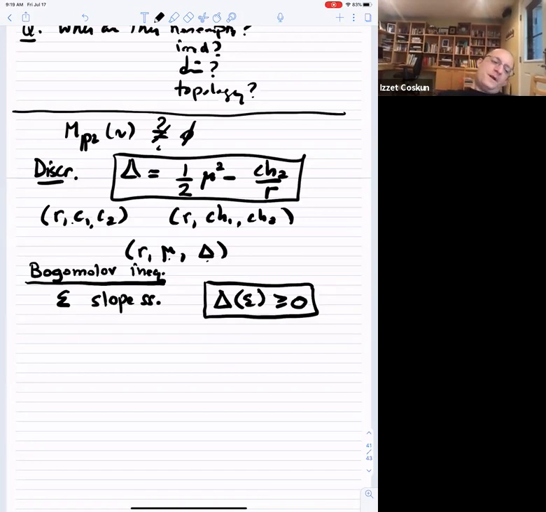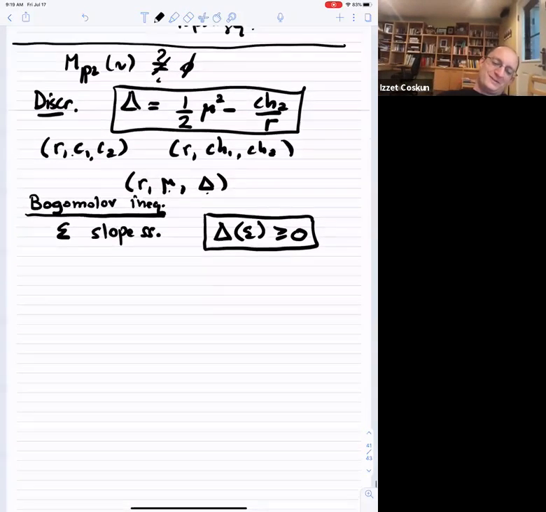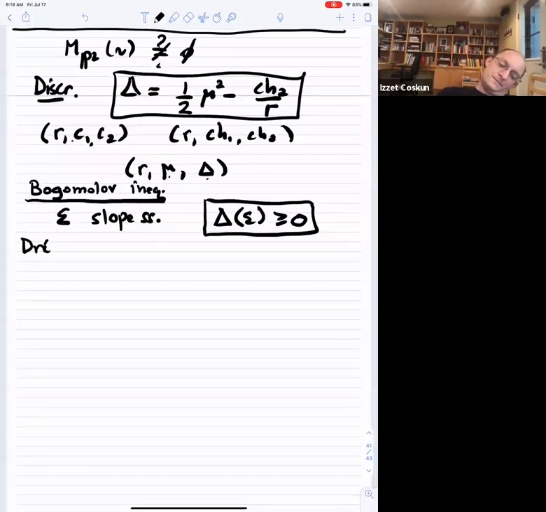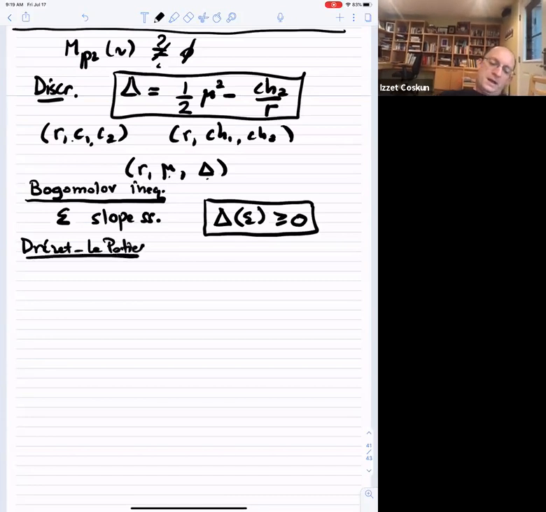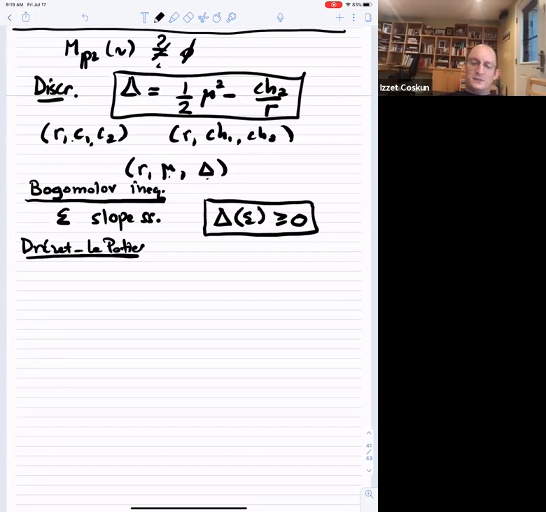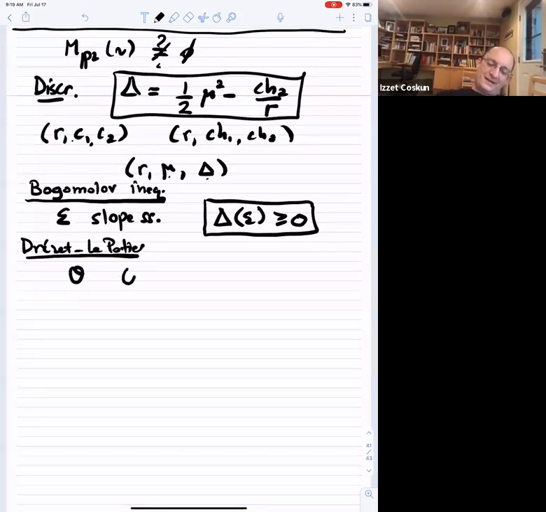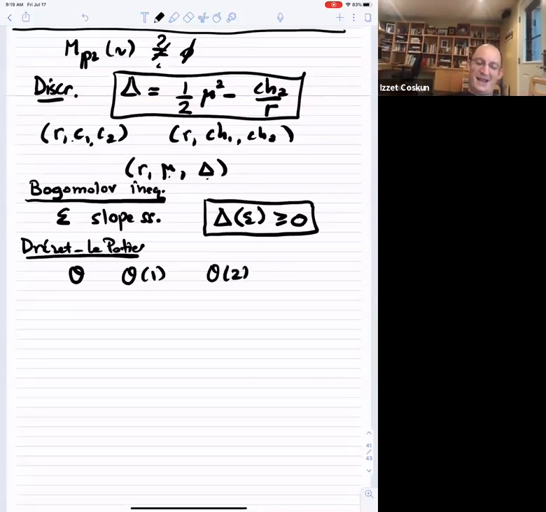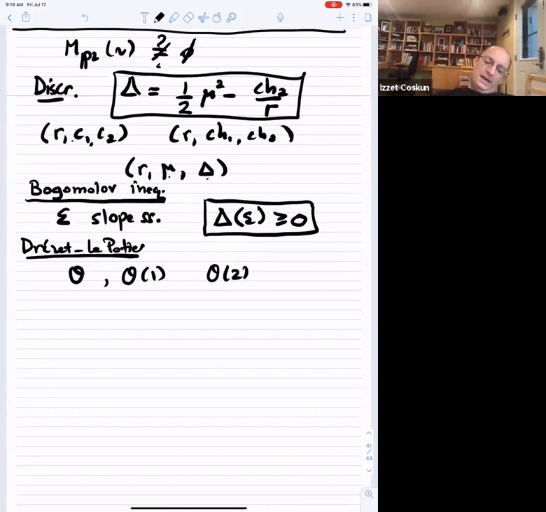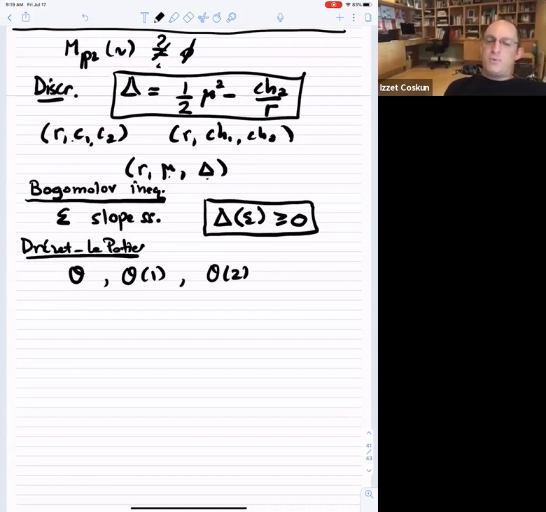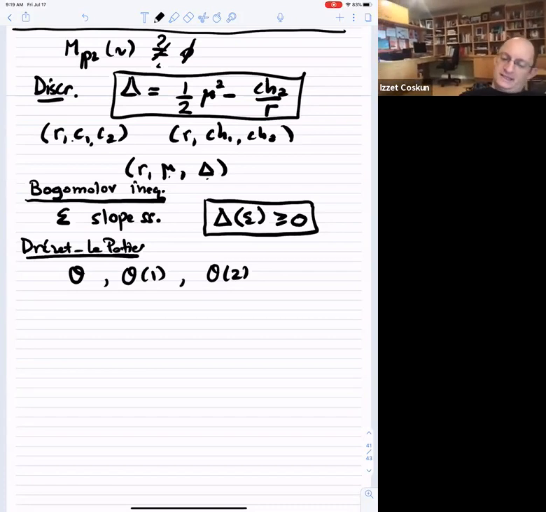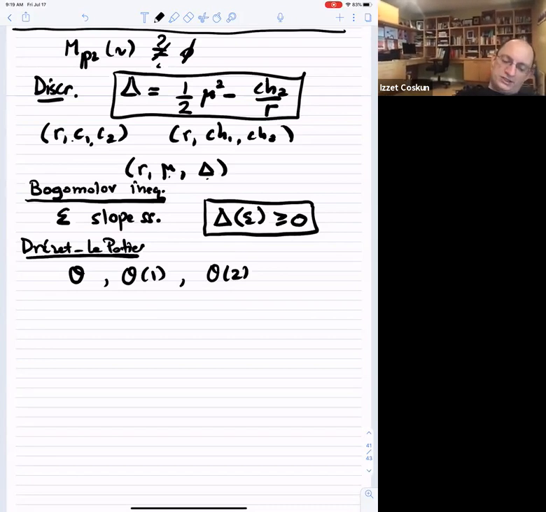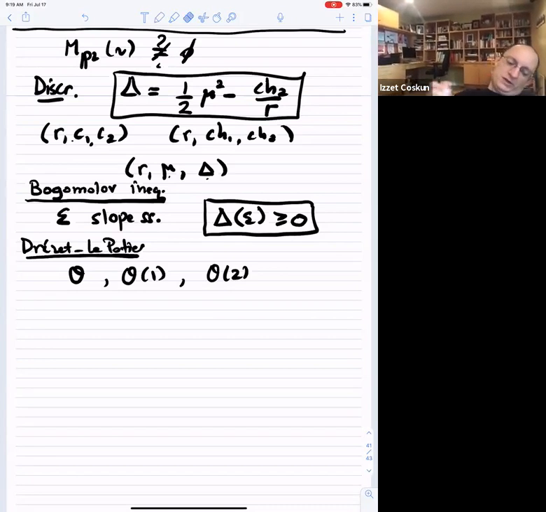Okay, so now let's come to the Drézet-Le Potier classification. First of all, there are some bundles that we do know. Line bundles are perfectly nice stable bundles. It's easy to see that these line bundles are rigid. They don't move. They are the unique points of their moduli space. So the first thing that we can try to do is understand rigid bundles. Here is the definition.